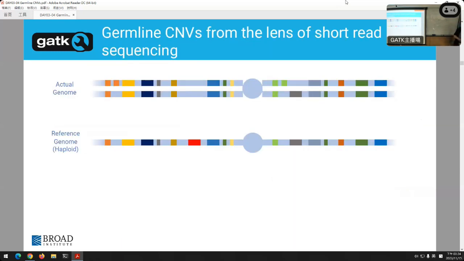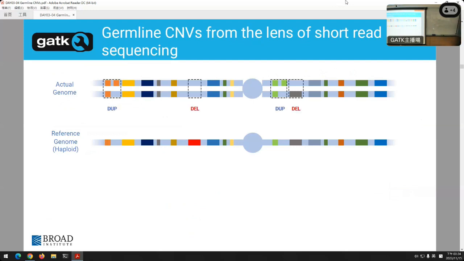Okay, so we talked about biologically what is a copy number variant, why should you care about that? Now let's talk about how that looks when we perform short read sequencing. Here on top we have a sample genome, which is diploid, and the reference genome, which is haploid, which we'll compare to.